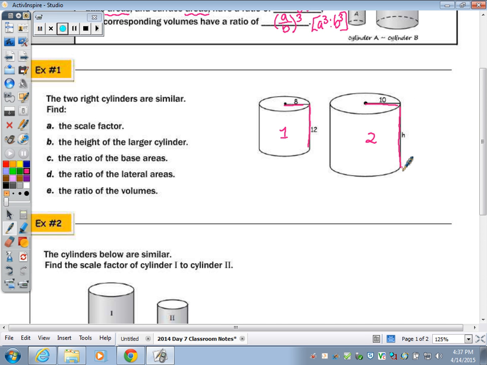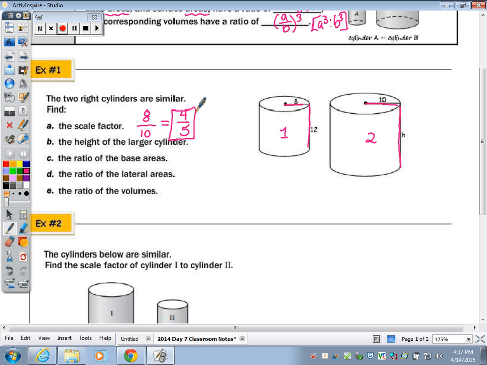So part A asks us to find the scale factor. If I take a look at the ratio of the radii, which is given, 8 over 10, reduces to 4/5. So 4/5 is my scale factor.